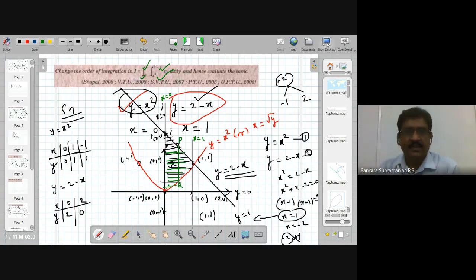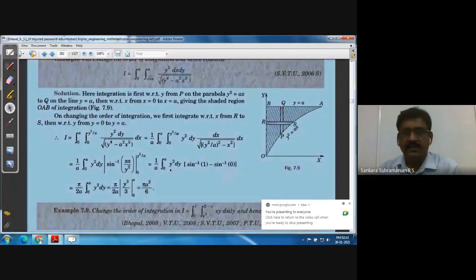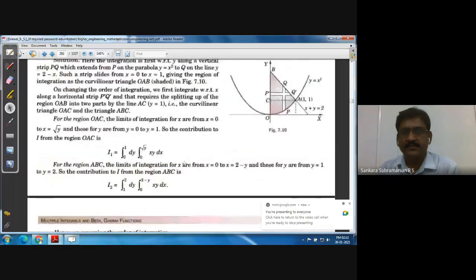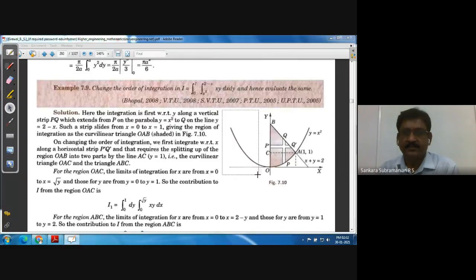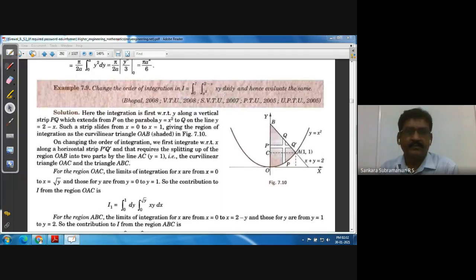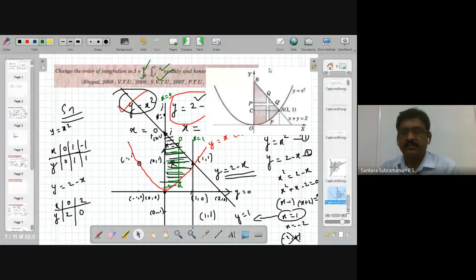If you want to see the graph neatly, yes, this is the graph showing the same thing.